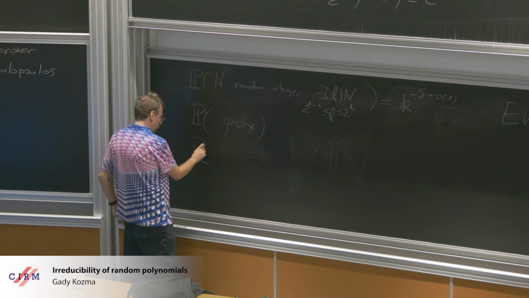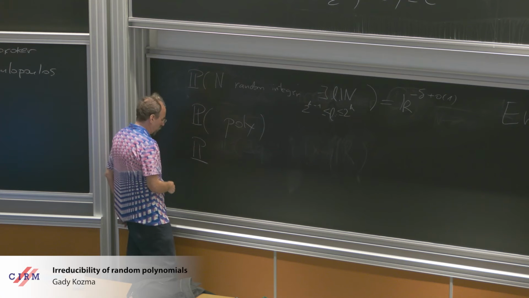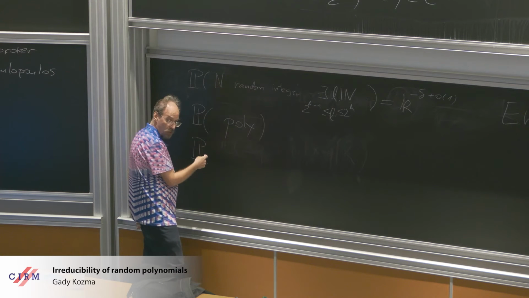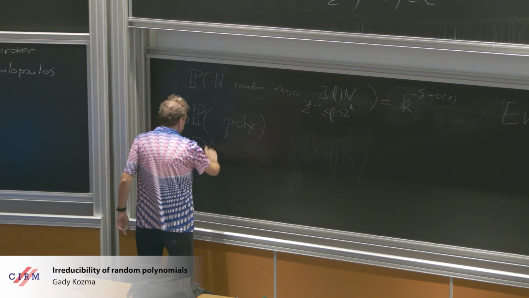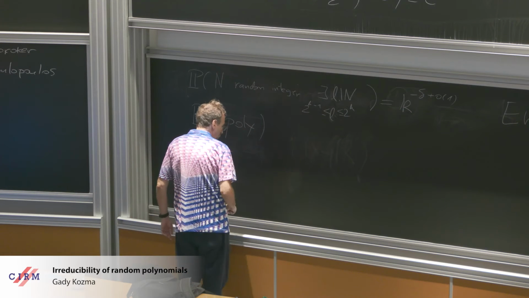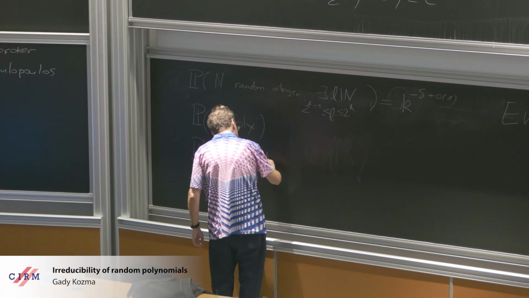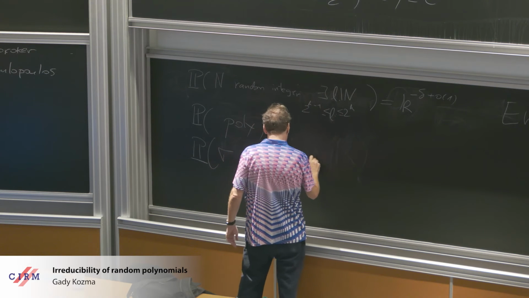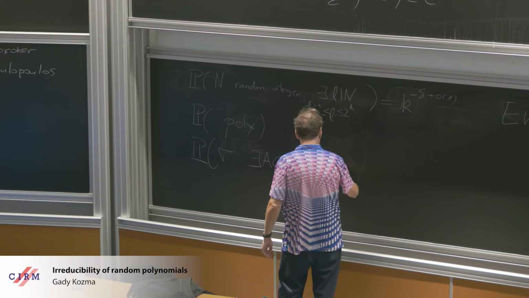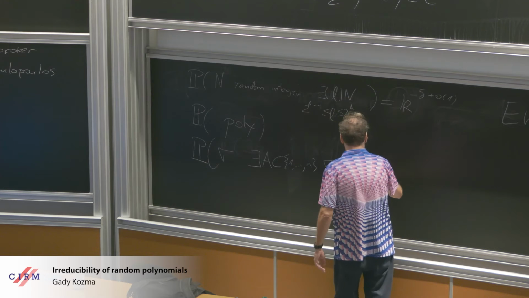This relation between integers and permutations was mentioned in Alice's talk. So this is the probability that if sigma is a random permutation, then there exists some invariant subset of size k.